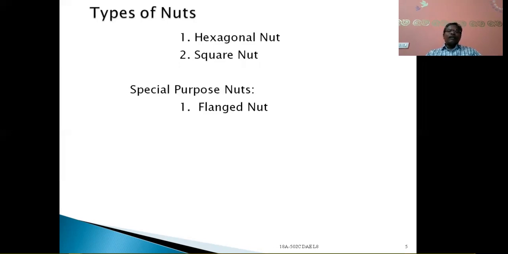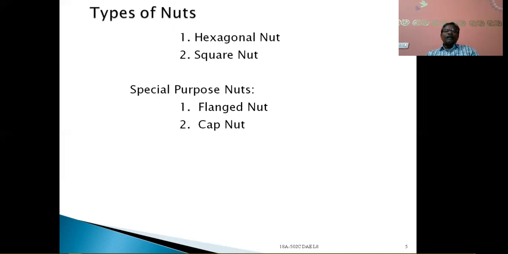Number one is flanged nuts. That means it is similar to the hexagonal nut, but the bottom has a washer connected to it, which becomes a flange.